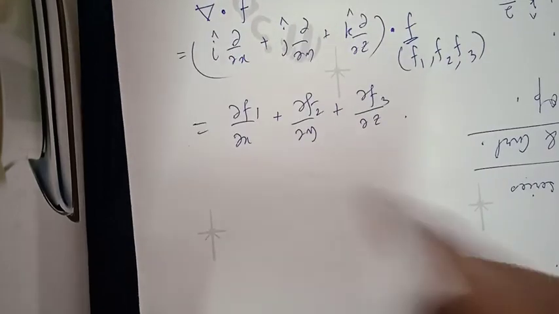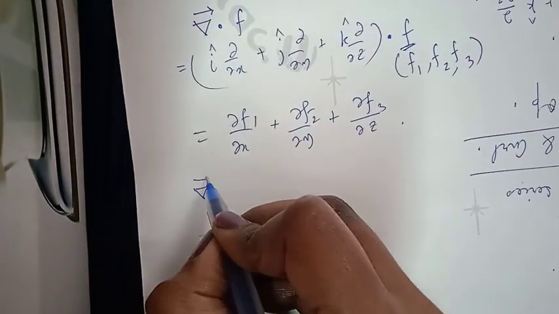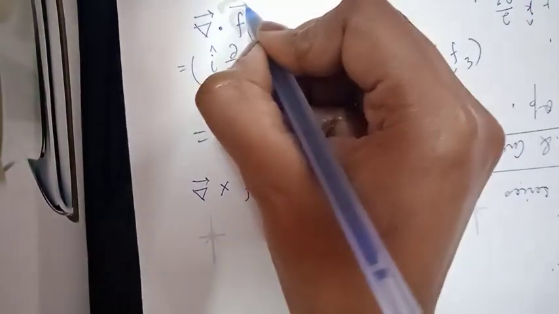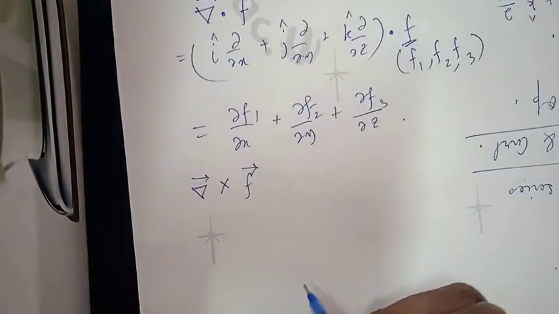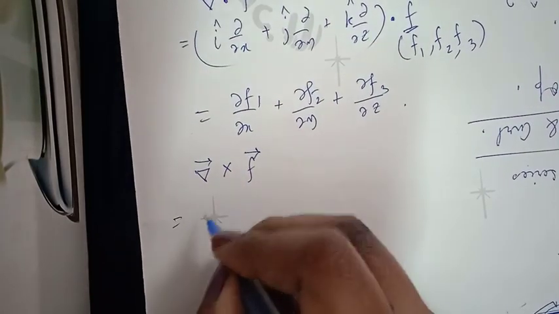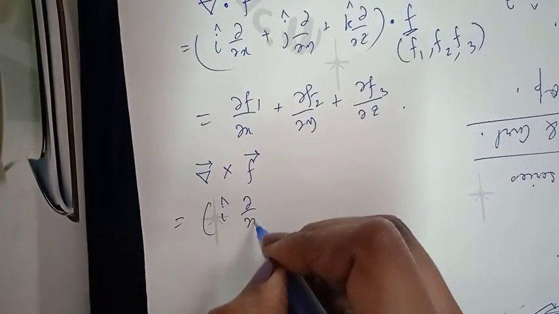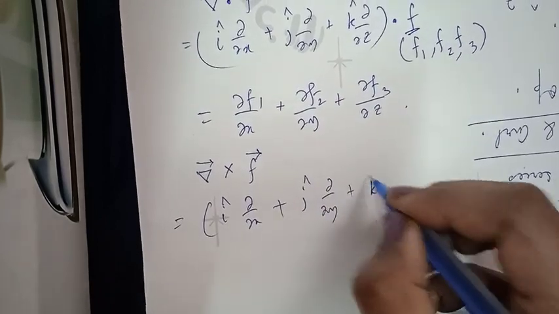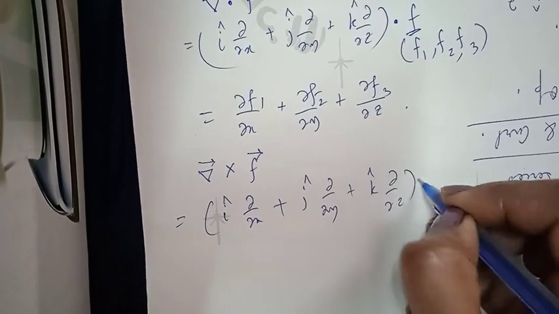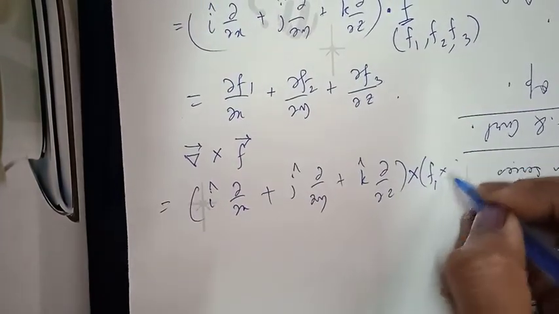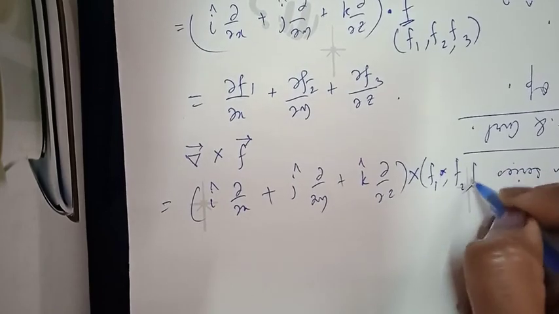Similarly, if you want to calculate this nabla operator cross some vector function, say f, this is also a vector. So how to calculate it? This is also very easy. Just put their values: i cap del x plus j cap del y plus k cap del z cross this f, which also must have three components, f1, f2, f3.